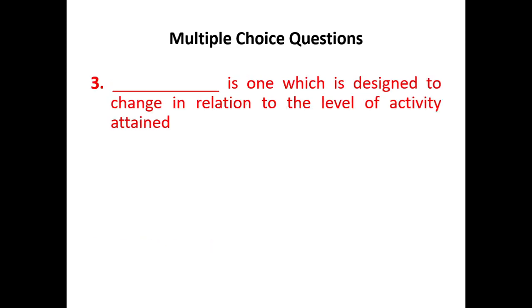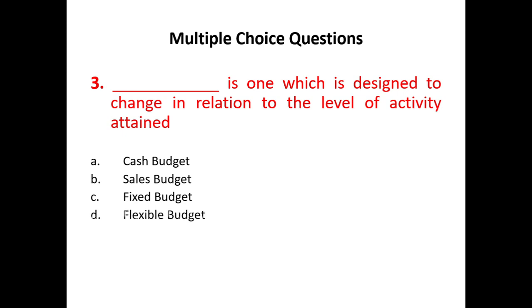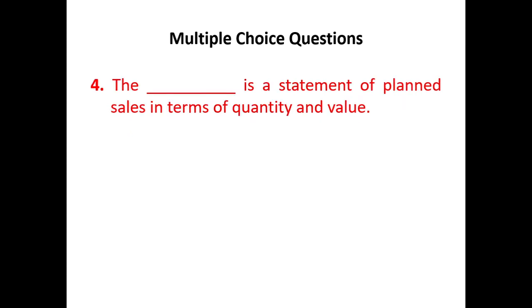Next, third question. Dash is one which is designed to change in relation to the level of activity attained. Options are cash budget, sales budget, fixed budget, flexible budget. The right answer is flexible budget. So, flexible budget is one which is designed to change in relation to the level of activity attained.